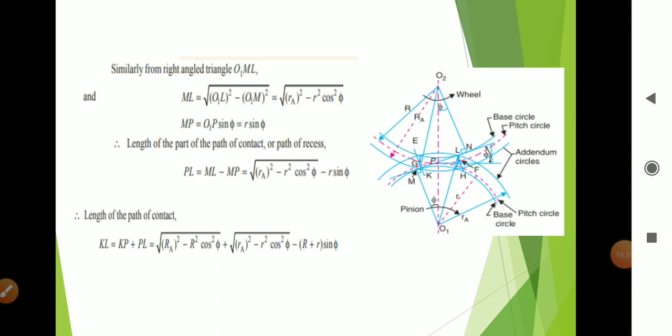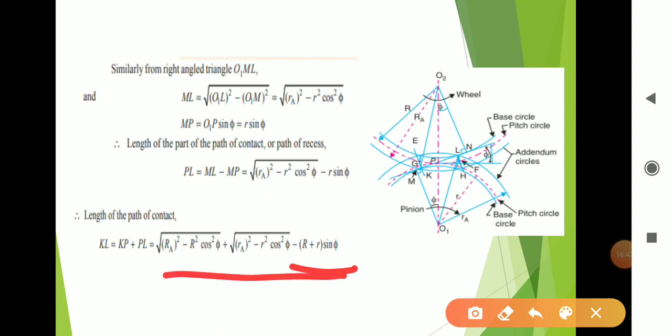If we take these terms common, we get the value of KL, which is the length of path of contact.